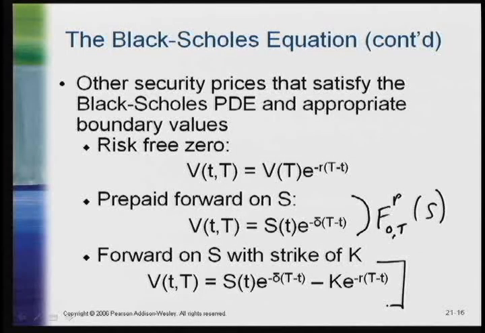And we can see that when time little t equals capital T, at expiry, it's equal to the profit on a forward contract, namely S of capital T minus K, which is exactly what we think of as the terminal value of a forward contract with fixed K.